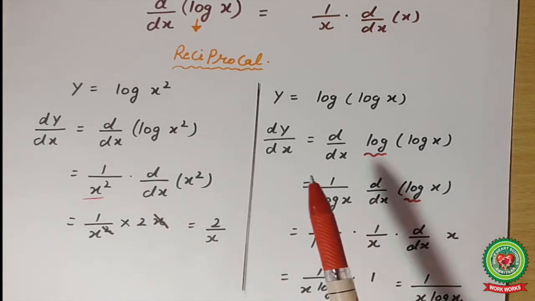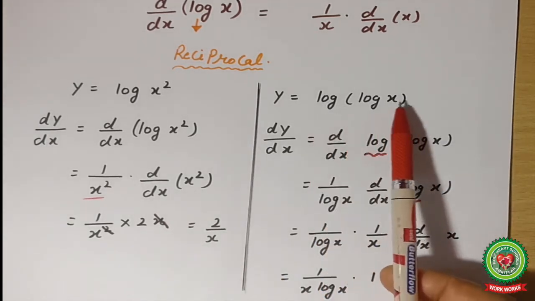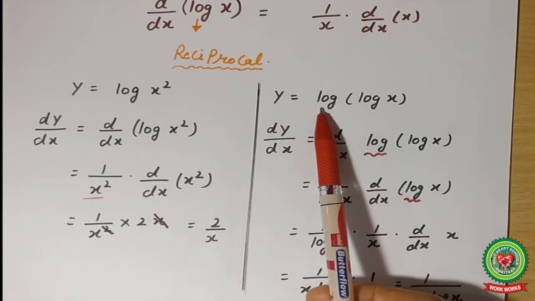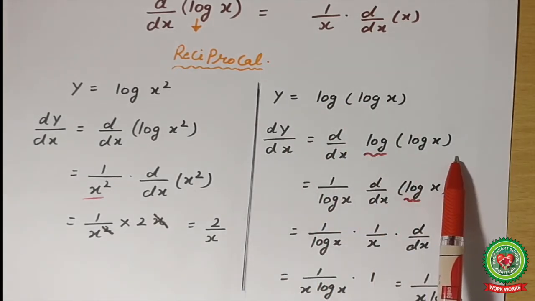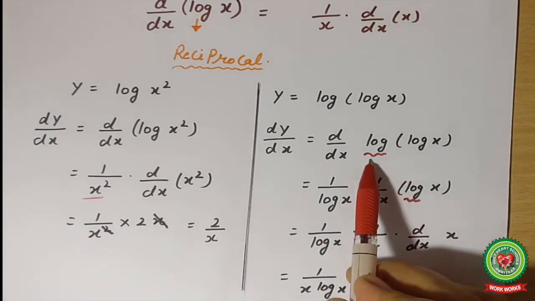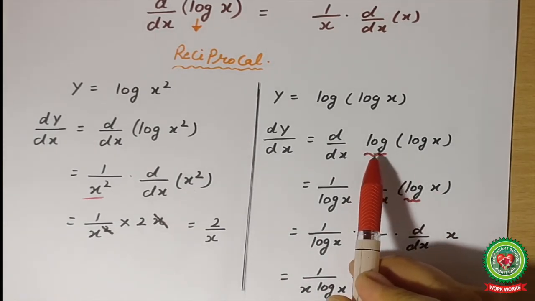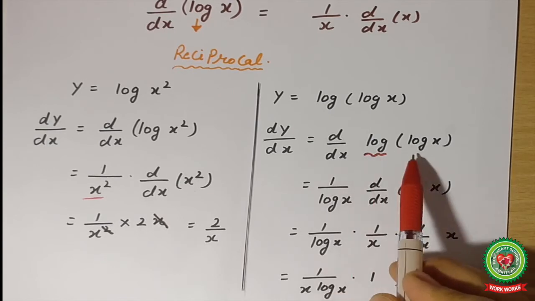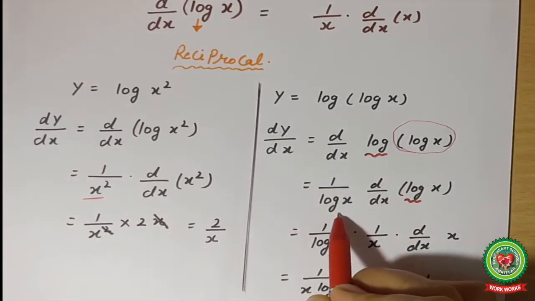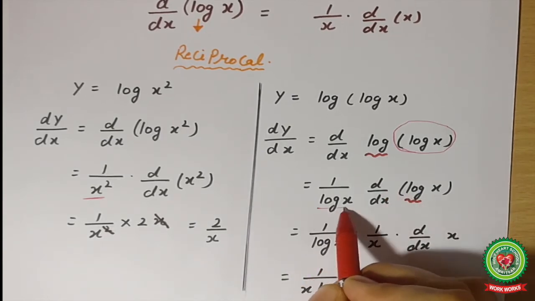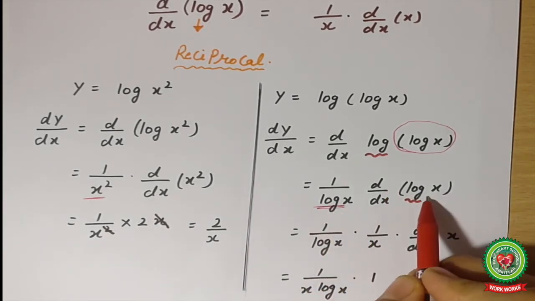Now I am taking one more example where two log terms are there. y is equal to log of log x. Now dy upon dx of the same term. First I will take the log of this function. This log becomes the reciprocal of the full log x, reciprocal of log x, into ddx of this function. Again ddx of log x is there.